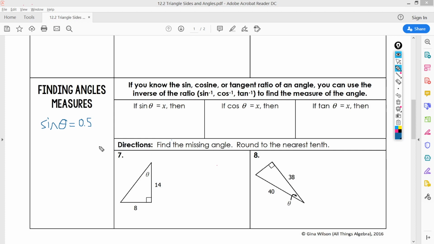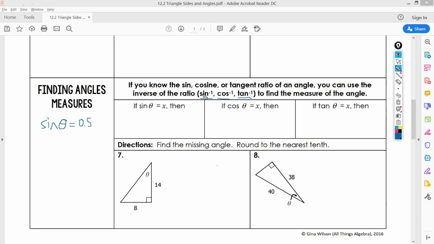The answer is yes. We have mathematical operations that get rid of sine and cosine and tangent. And you're in luck, they're really simple. It's just sine, cosine, and tangent with a little -1 written next to them. And these are named inverse sine, inverse cosine, and inverse tangent.